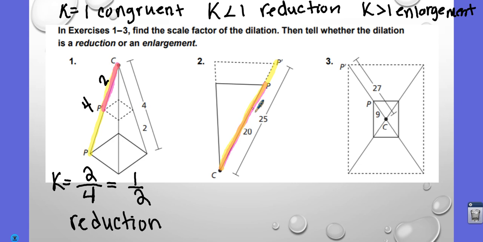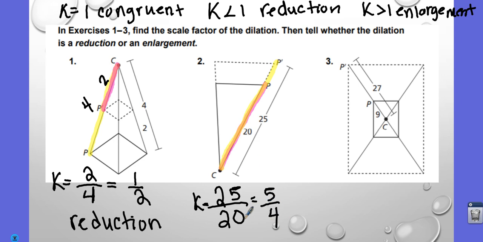So this pink line gets blown up to this yellow line. Well, the pink line is 20 and the yellow line is 25. So since we go from a long line to an even longer line, that's going to be an enlargement. So I'm going to say 25 over 20 this time is going to give me my k, which if I reduce this, is 5 over 4.